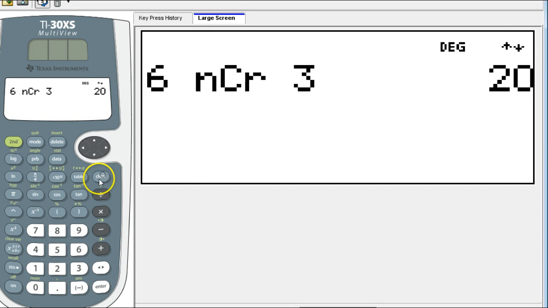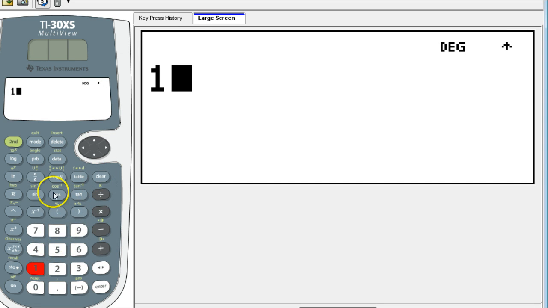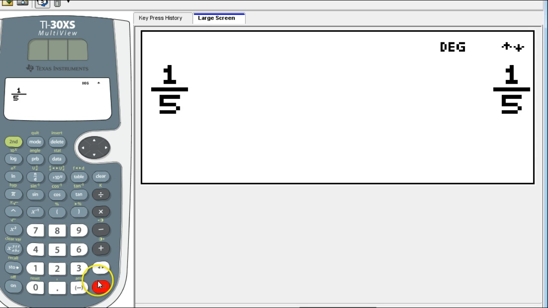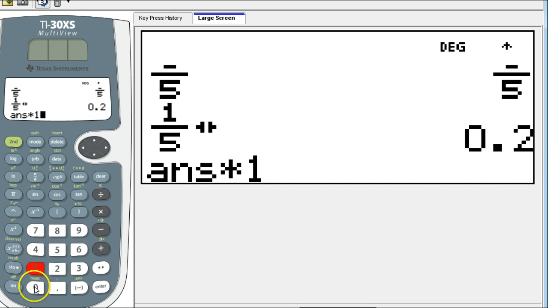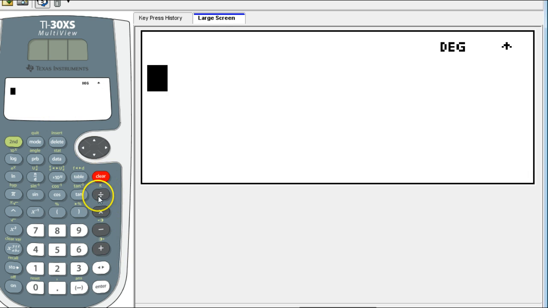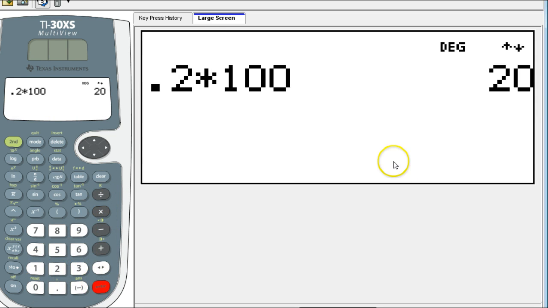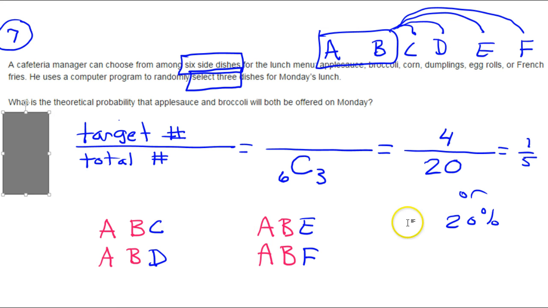Okay, and now if you don't know that in your head the way I do, if you've got 1/5, you can figure out the percent by turning that into a decimal and then move that decimal point over twice. All right, so 0.2 becomes 20%, or you can multiply by 100. Either way. So if I do 0.2 times 100, all right, that's 20%. But you can just move the decimal point twice. Okay, so 20%.